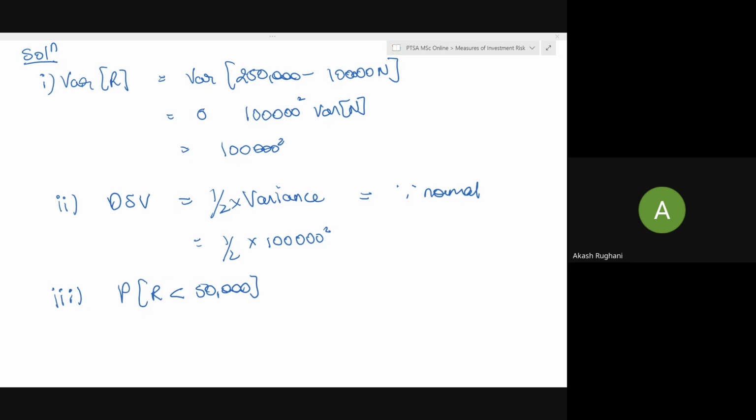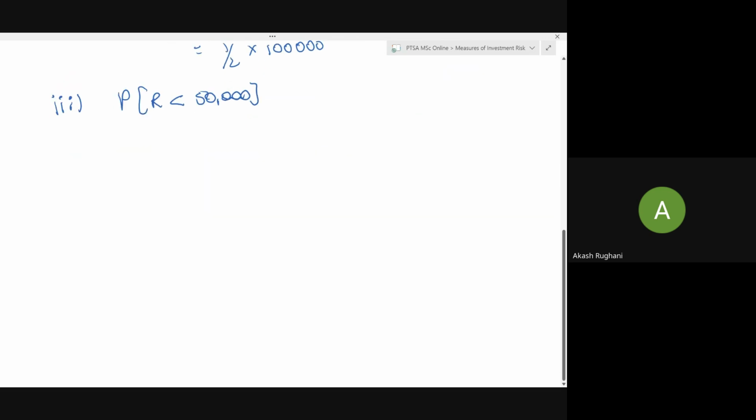How will I go about it? The third one, shortfall probability, the probability of R being less than 50,000. Sir, I'm not able to formulate that.